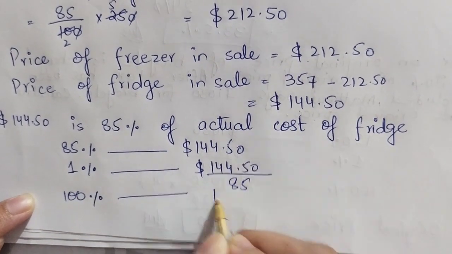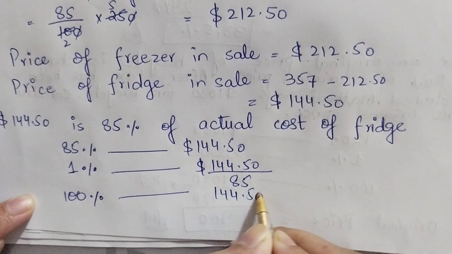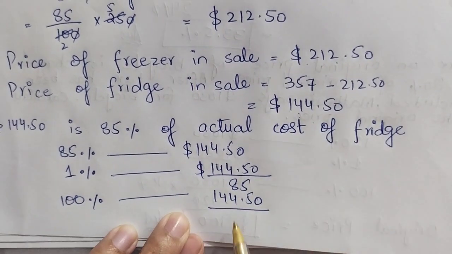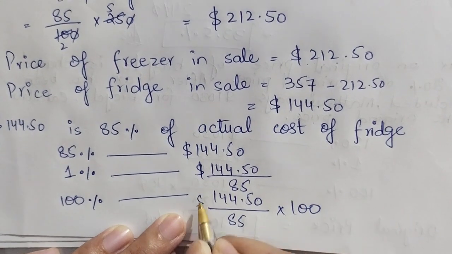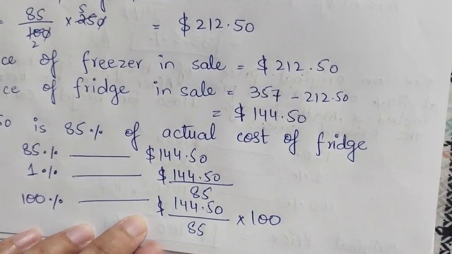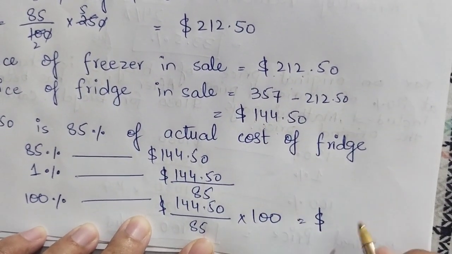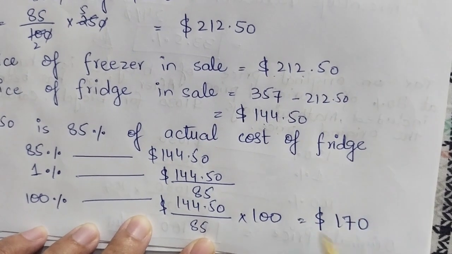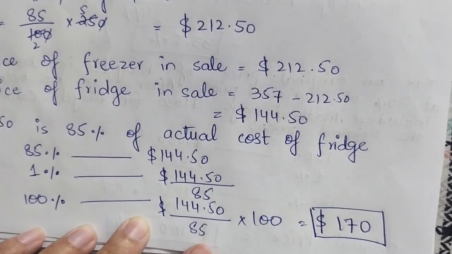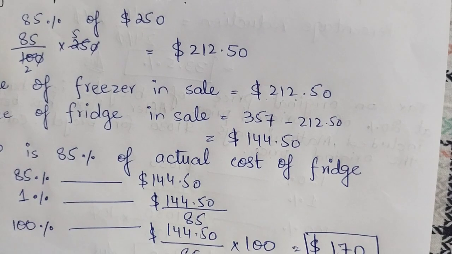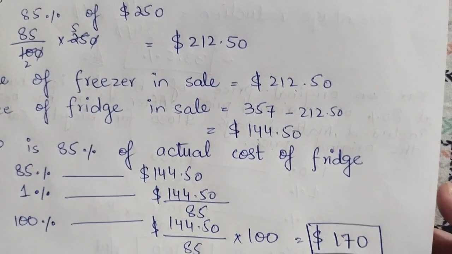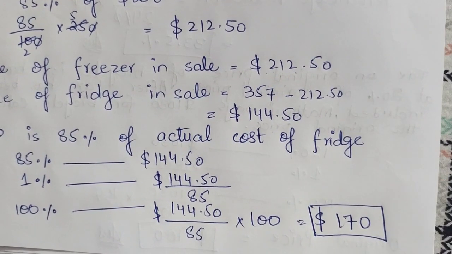So 144.50 divided by 85 multiplied by 100, and you will get the cost, which is equal to how many dollars? $170. So this is the price of the fridge before the sale. Actual price of the fridge before the sale is $170. I hope you'll understand this.